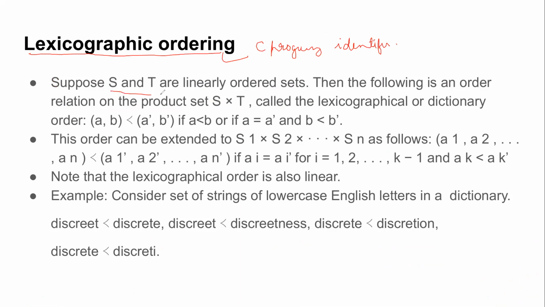Given two sets which are linearly ordered, which means totally ordered sets, the following order relation on a Cartesian product is said to be a lexicographical or dictionary order if the following holds.